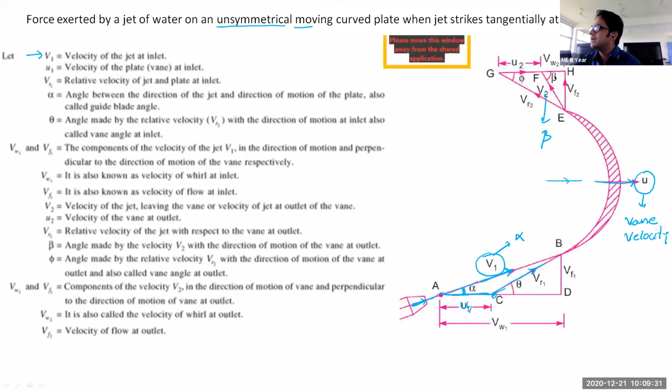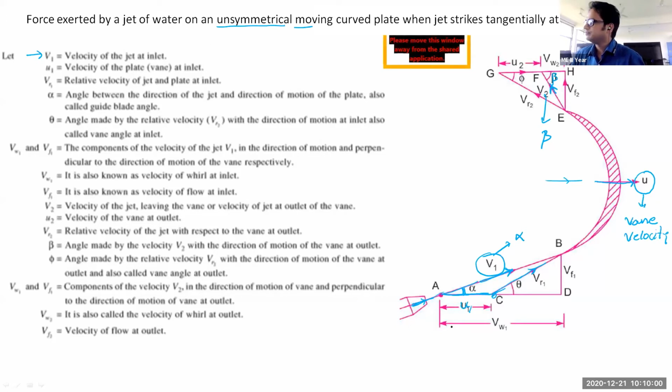Similarly, on the outlet triangle side, the angle made by V2 with the horizontal axis is your beta. Keep this in mind, how to draw this inlet and outlet diagram. Once you draw this diagram clearly and perfectly, 60 to 70% of your work is done for solving the numerical.